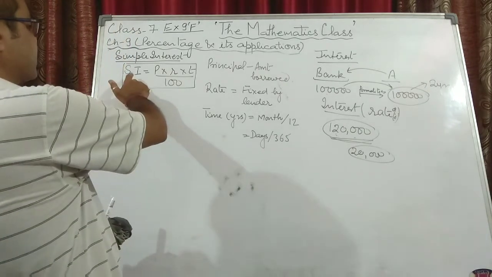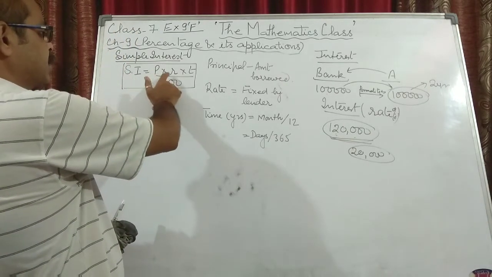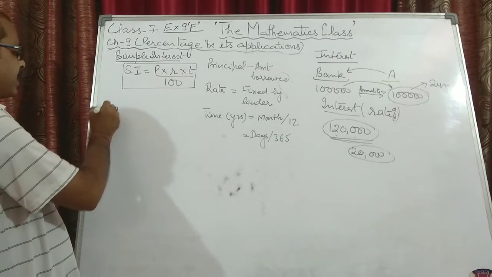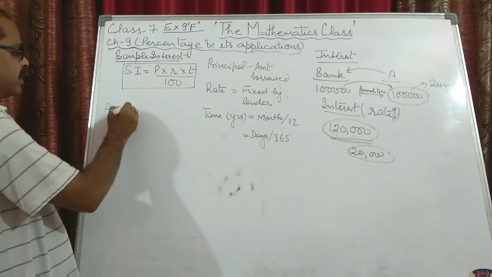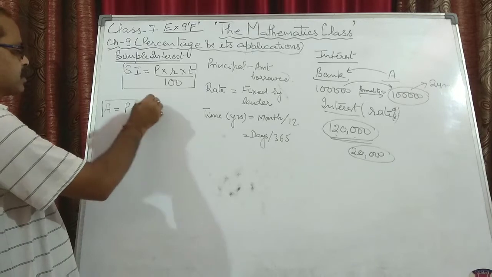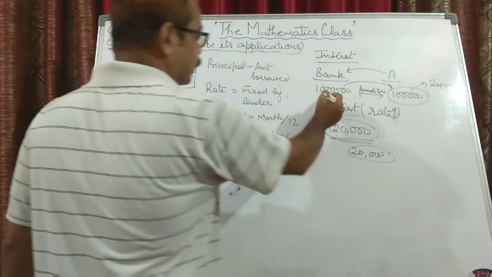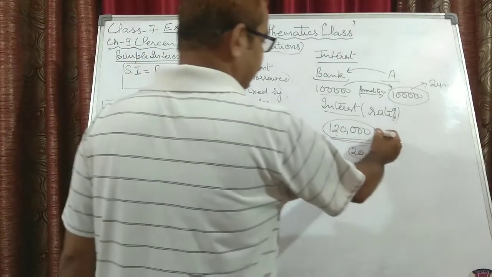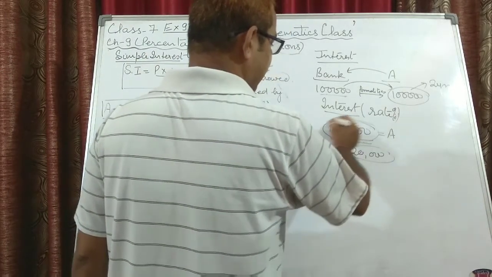So we need to remember simple interest is equal to principal into rate into time upon 100. Now one more thing: suppose you have to find the amount. Amount is always equal to principal plus interest. In this case, person A took 1 lakh rupees from the bank, but at the end he is paying rupees 1,20,000.